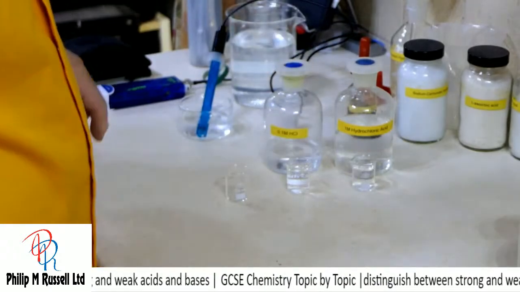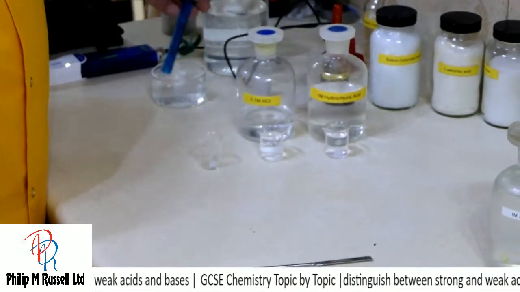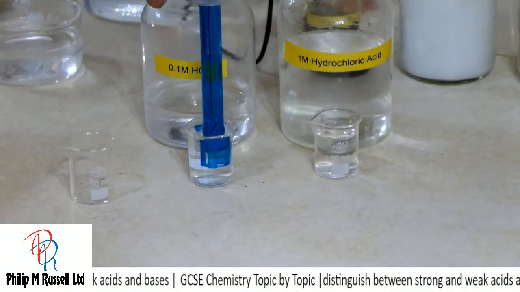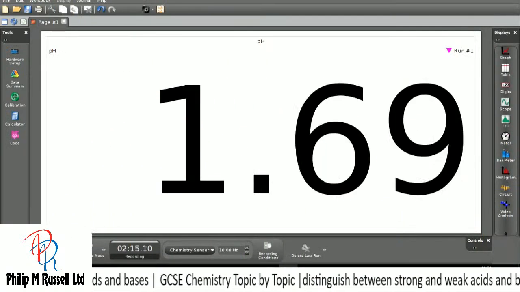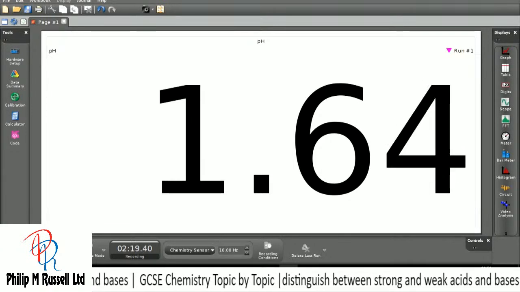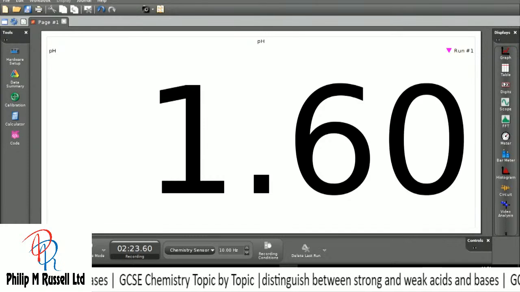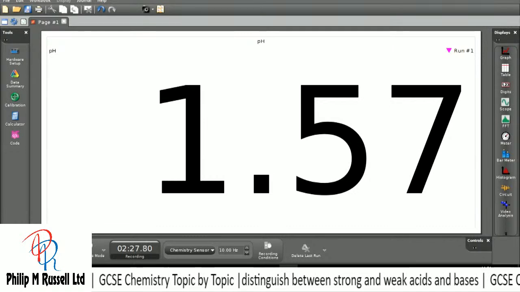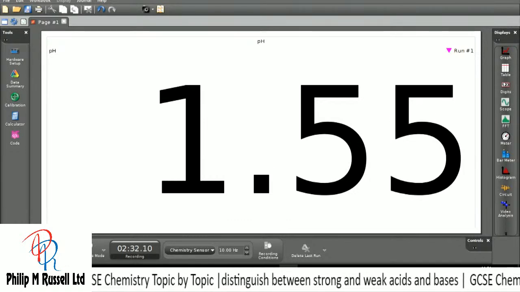Let's see if we can compare the pH. So let's record the pH. This is the 0.1. We can see this is 1.6, 1.59. Changing a little bit.